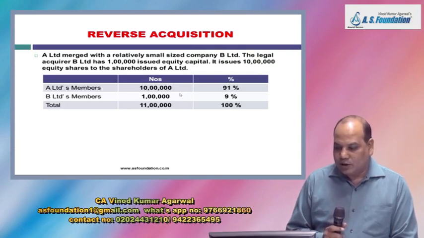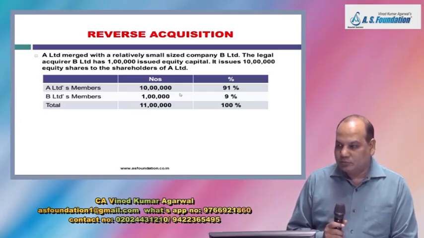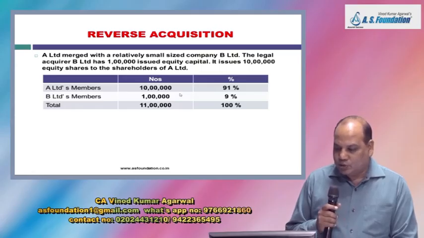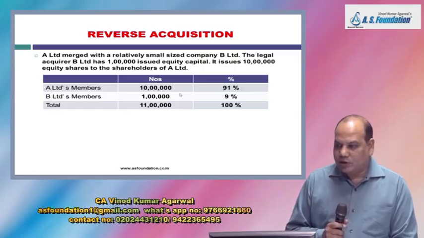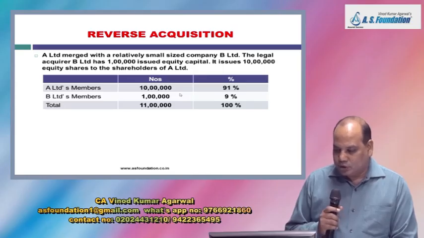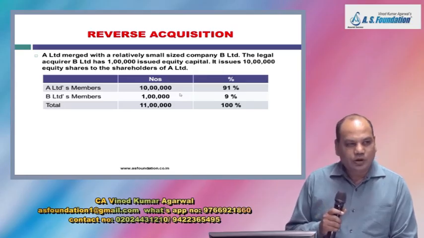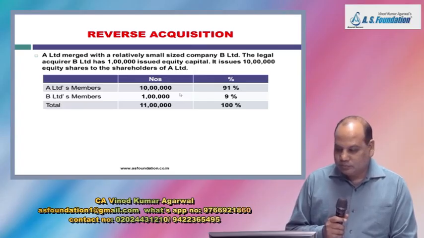The legal acquirer B Limited has 1 lakh issued equity capital.